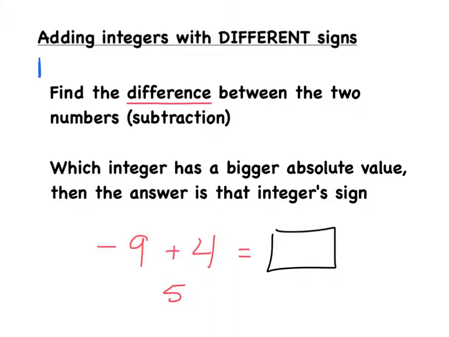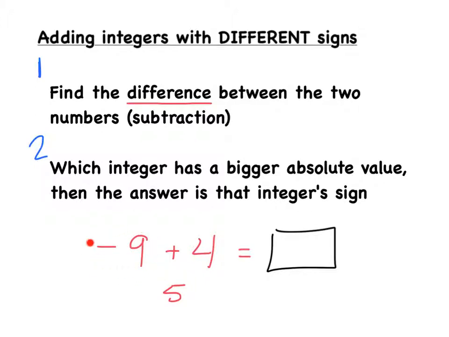Now, the second step: which integer has a bigger absolute value? So let's look at the integers that we have below. We have a negative 9 and we have a positive 4. Which one of these numbers is larger? Is 9 a larger number or is 4 a larger number?